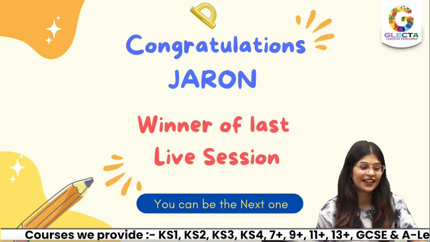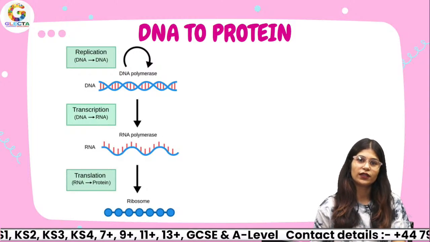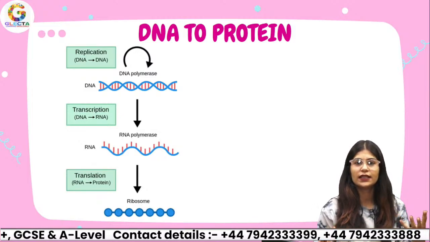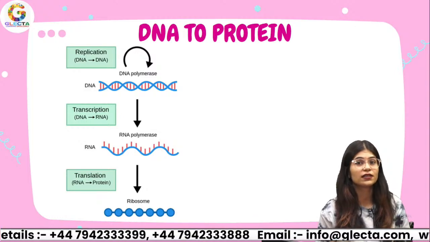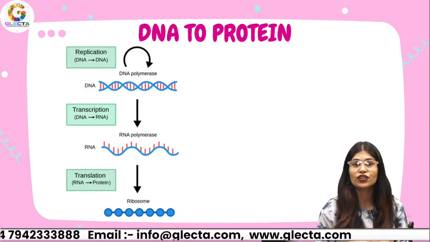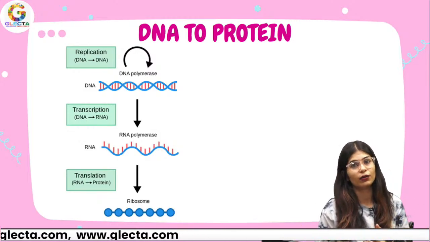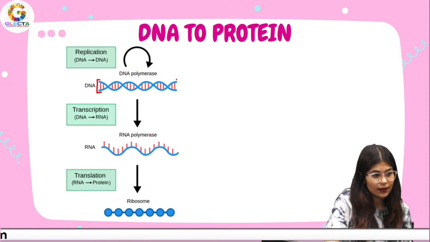Now moving on from DNA to protein. Technically, if you think about it, we know that the DNA is present in the nucleus, and we know that the DNA can't leave the nucleus. It's pretty much bound to that place because the nucleus has a membrane to itself through which the DNA can't come out. But that's because DNA is double helix like this.